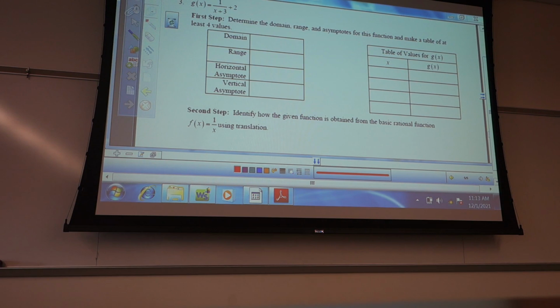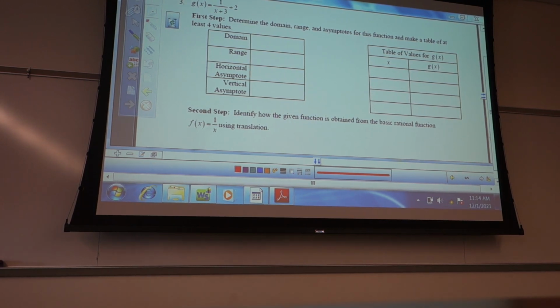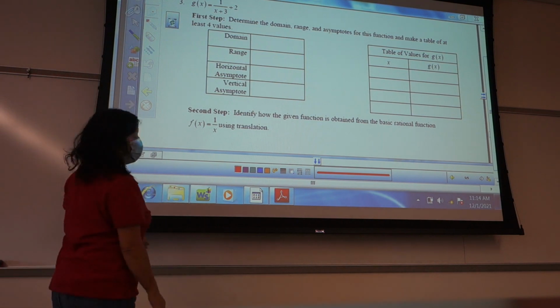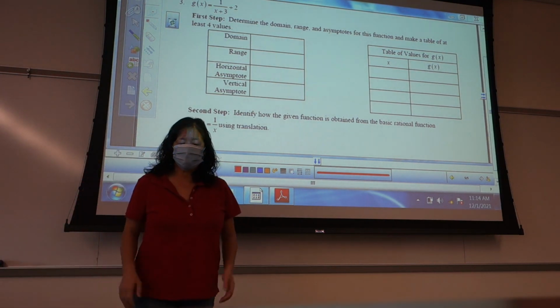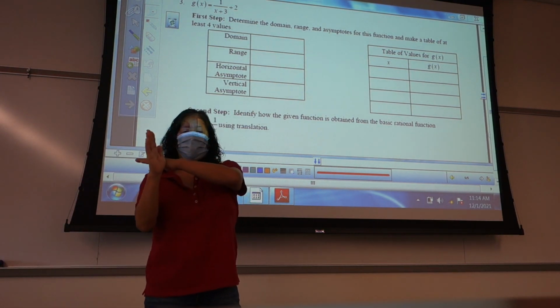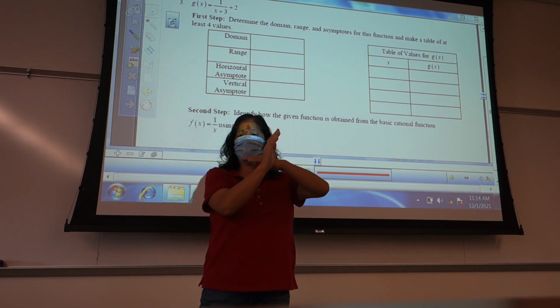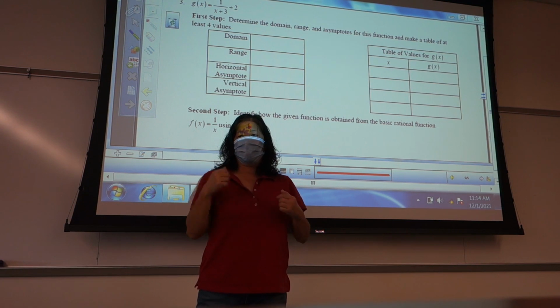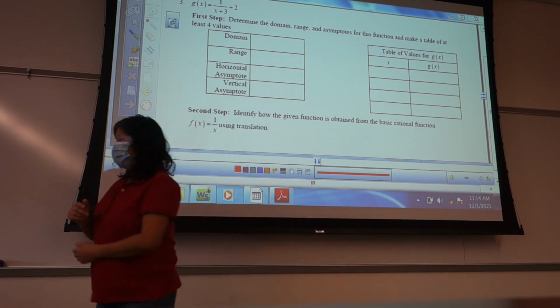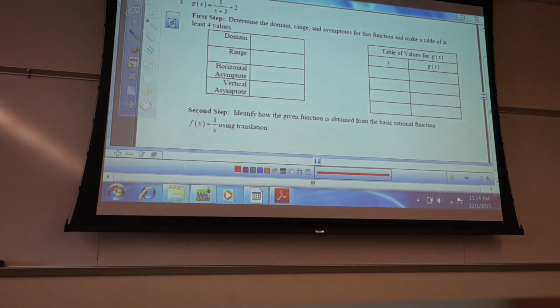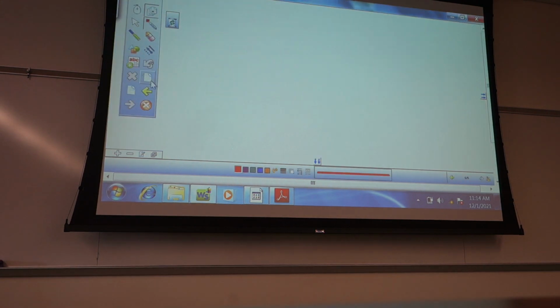Okay, so remember how these work. The neat thing about it is the inverse. If I went right 2 up 1, the inverse would go, okay, so my new center, let me do this on the side.